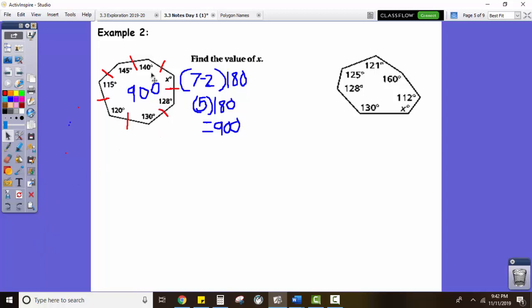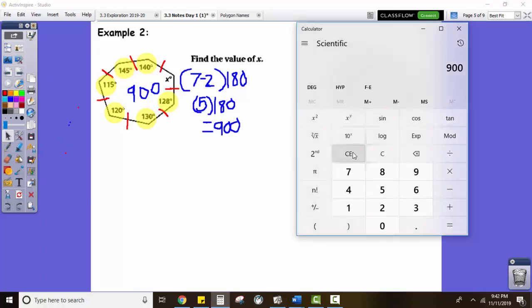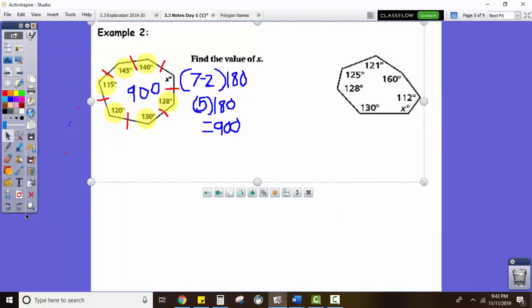Now what I'm going to do is just like I did when I had a missing angle of a triangle, I'm going to add up all of the degrees that are given, combining these like terms. So when I take 140, 145 plus 115 plus 120 plus 130 plus 128, and I add those all together, I get 778.